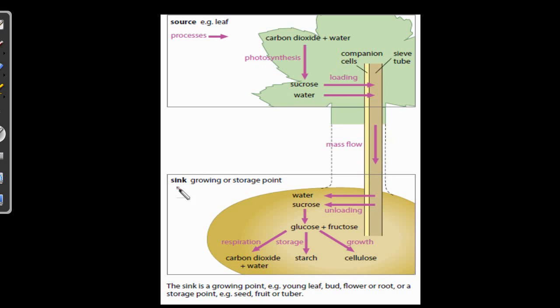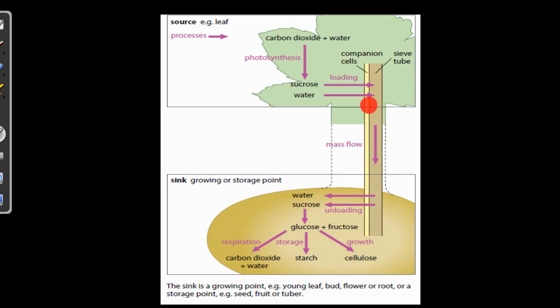Unloading takes place at the growing or storage point. Here water and sucrose may combine to give glucose and fructose. It will either go for respiration, or for storage. So this is the overall scenario which is taking place.